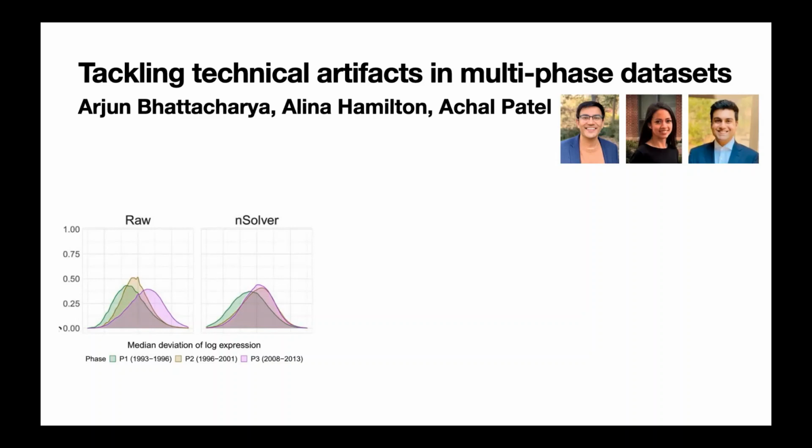Does it tend to be lower or higher than the mean? And what you can see is in the raw data, the values for phase 1 and phase 2 tended to be lower. Those samples tended to have lower values in the matrix, in the raw data. And then the normalization that had already been applied when we started was called Insolver. It helped a little bit, but you can still see clearly there's a difference in distribution across the phases, just residual in the data.